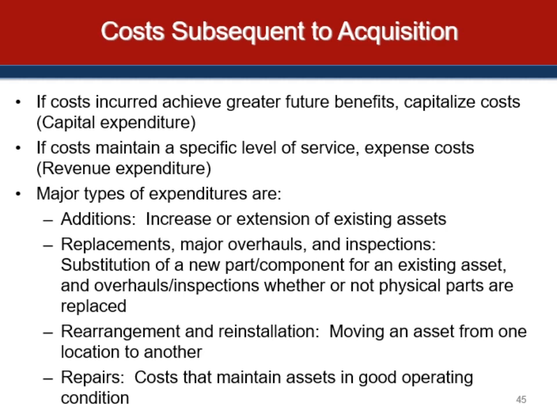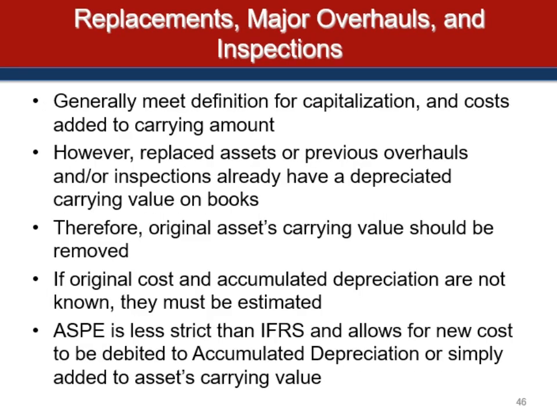So additions related to the creation of new assets, they should be capitalized, but now we need to deal with the other items. So replacements, major overhauls, and inspections are costs subsequent to acquisition, and so they're different from just additions to the asset.